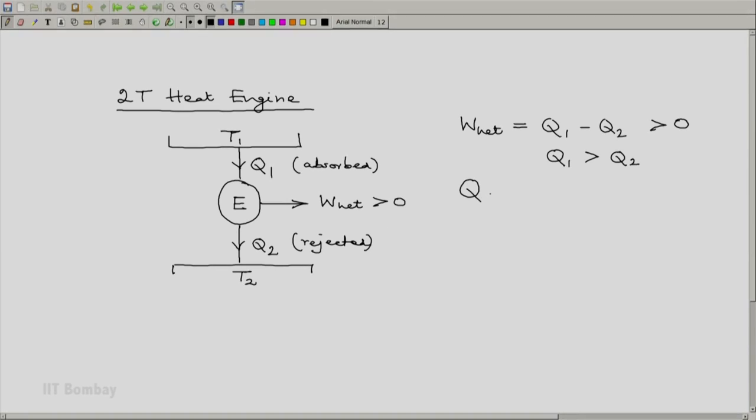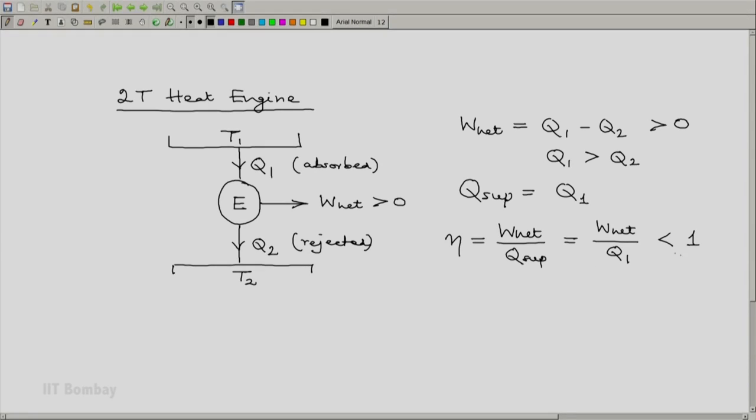Remember that the heat supplied is Q1, the absorbed part. This is not heat supplied, this is heat rejected. So the efficiency would be equal to W net by Q supply, which would be W net by Q1, and hence this will be less than 1.